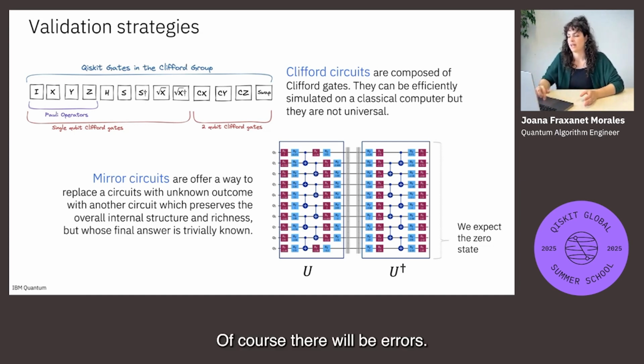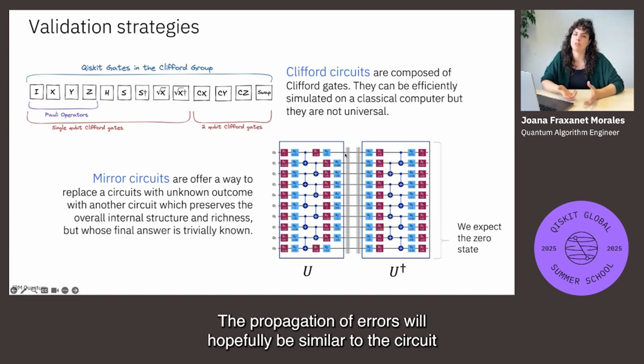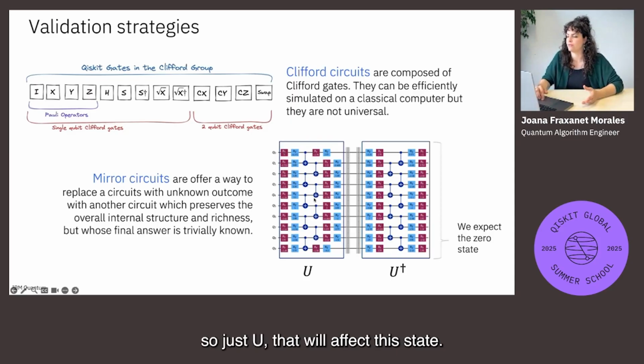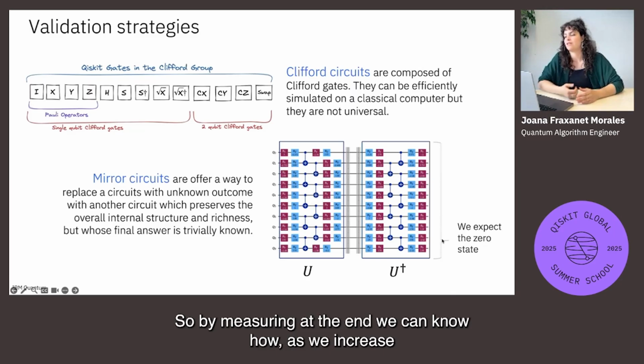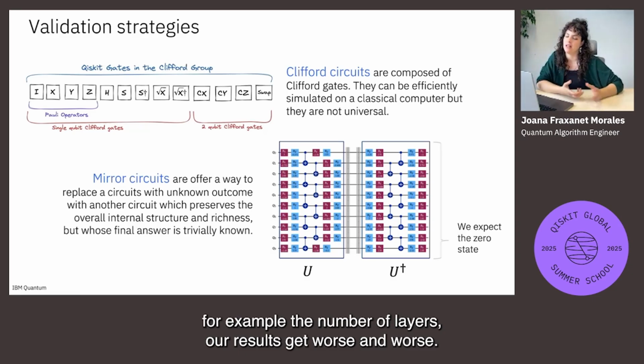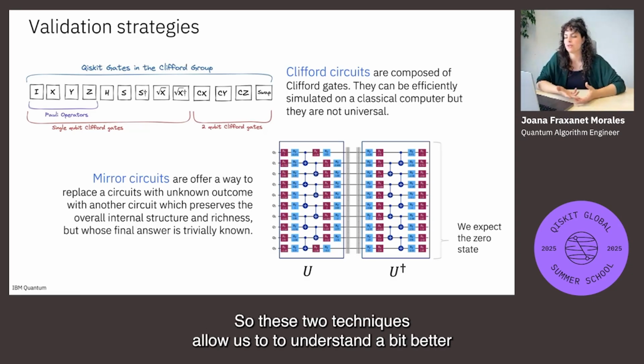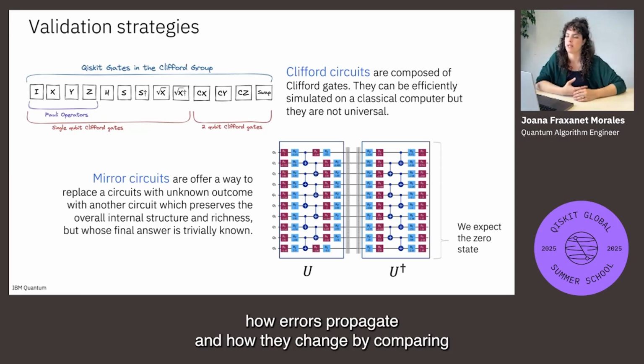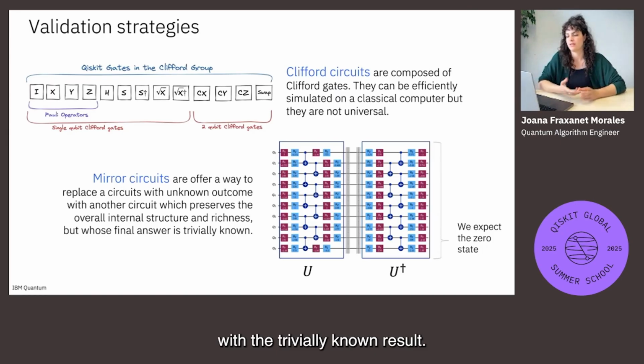Of course, there will be errors. The propagation of errors will hopefully be similar to the circuit that we had at the beginning, just U, that will affect this state. So by measuring at the end, we can know how our results get worse and worse as we increase, for example, the number of layers. These two techniques allow us to understand a bit better how errors propagate and how they change by comparing with a trivially known result.